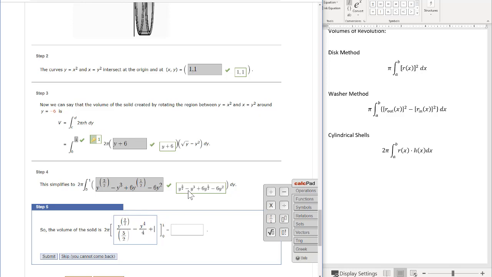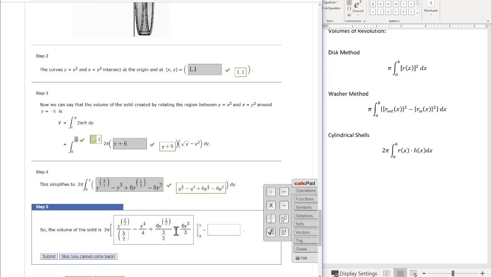This is a plus. We have 6y to the 3/2: add 1 to the power, and divide by that. And then a minus 6y to the third power, and divide by 3.